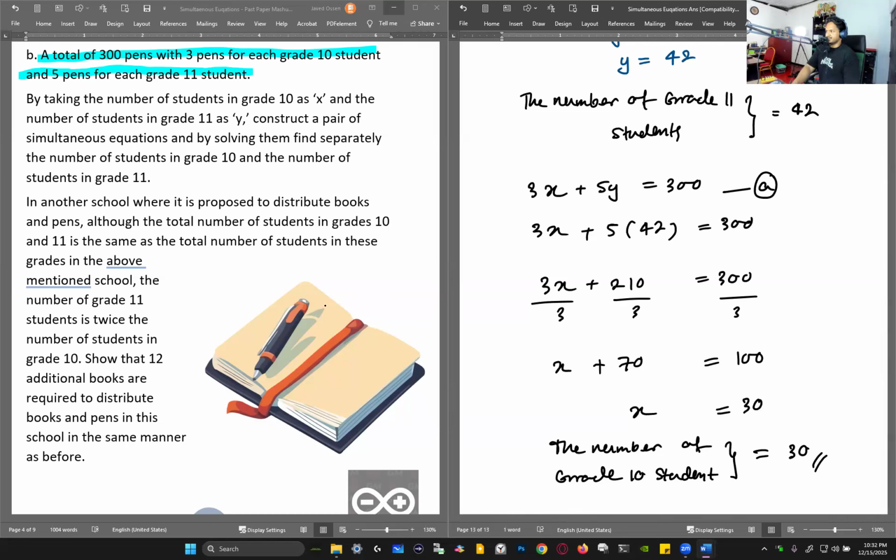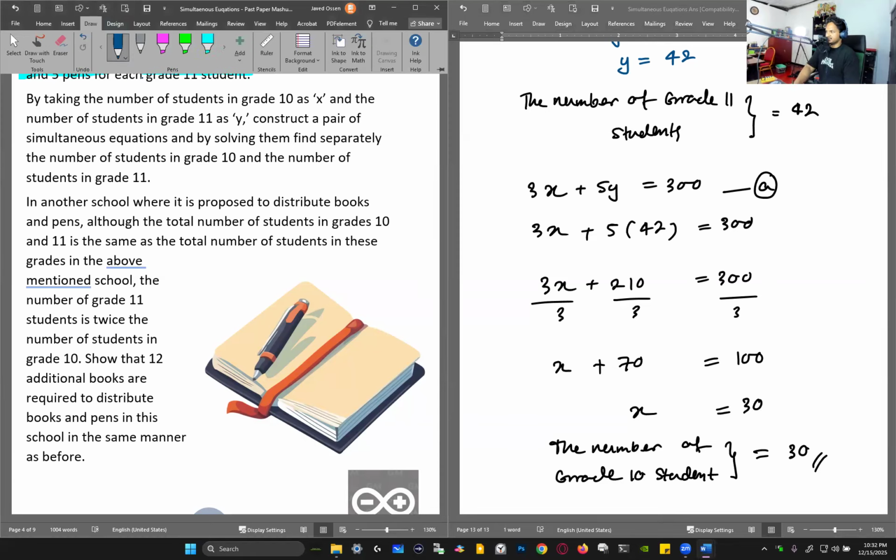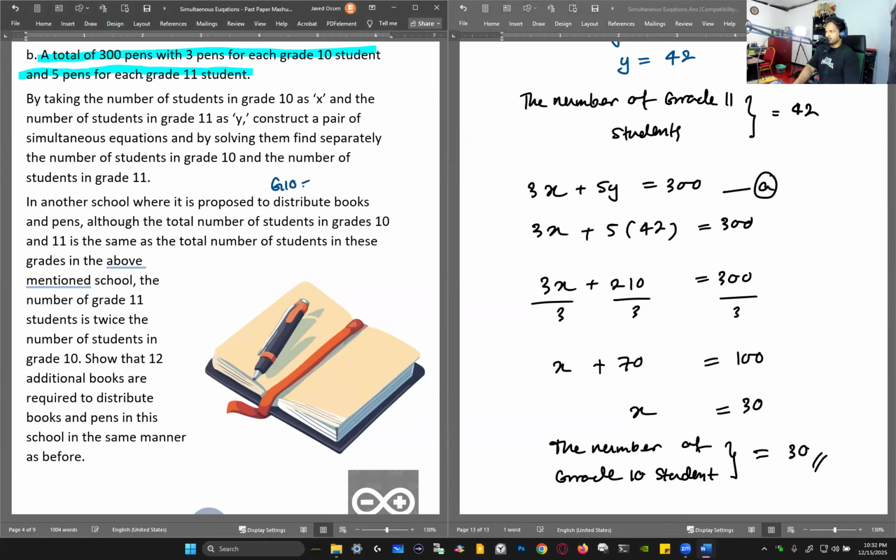So grade 10 equals 30 and grade 11 equals 42. They're the same, right? The number of grade 11 students is twice the number of students in the grade. Although the total number of students, apologies. What is the total number of students, Miss Fatima?